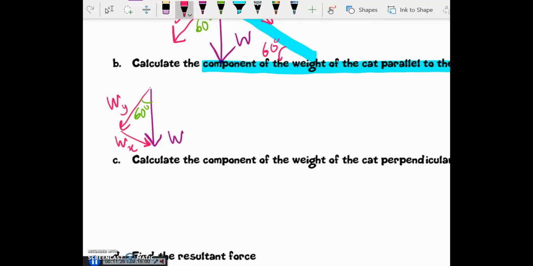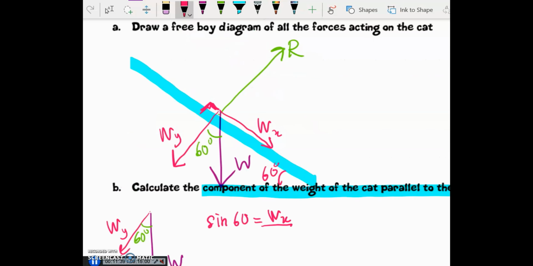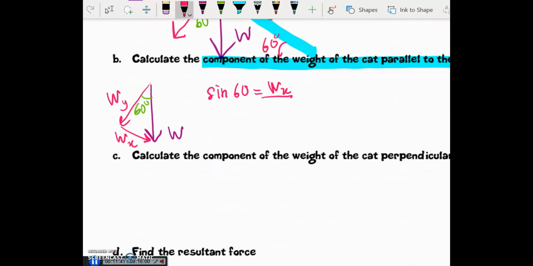So to calculate the component of the weight of the cat parallel, it is obvious that we should use sin 60 equals to wx over w, and w here is given 24 Newton. So use calculator and you will get wx is 20.78 Newton.